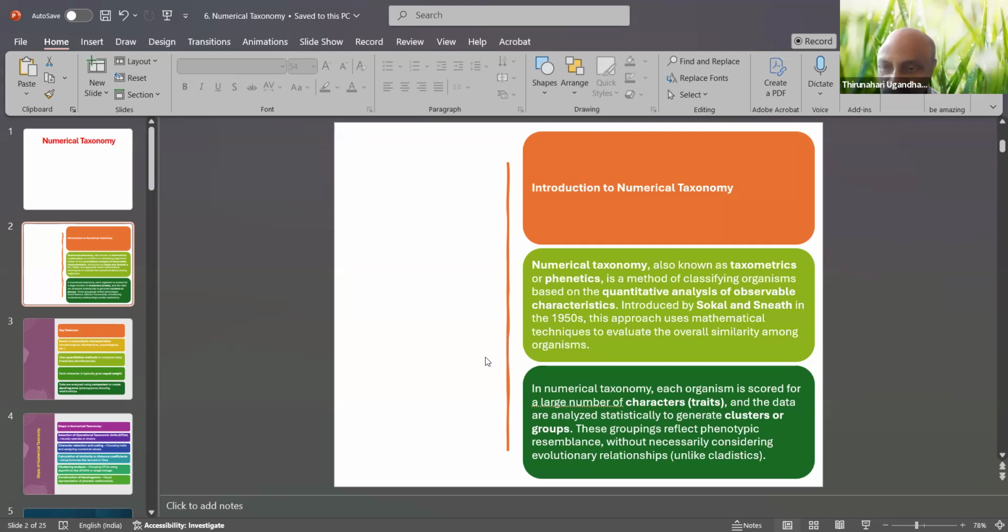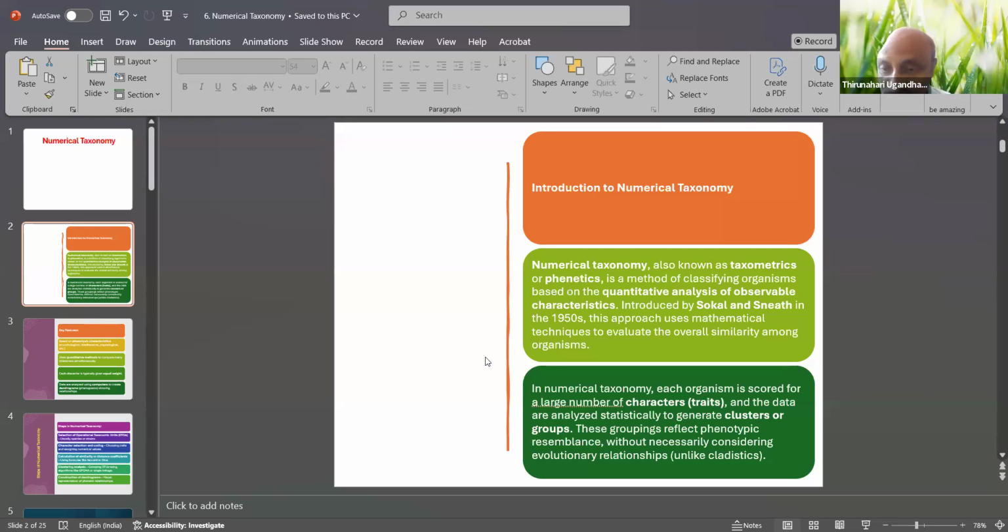Numerical taxonomy is also known as taxonometrics or phenetics. Phenetics is a method of classifying organisms based on quantitative analysis of observable characteristics, such as shape or structure, introduced by Sokal and Sneath in the 1950s. They were the first to introduce the number, or quantity, of plant parts.